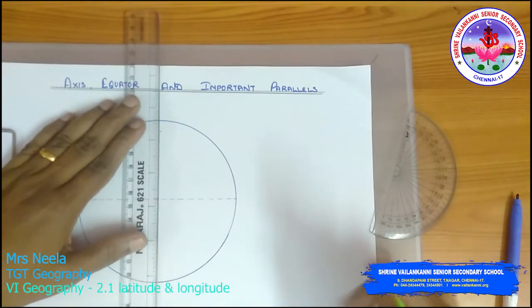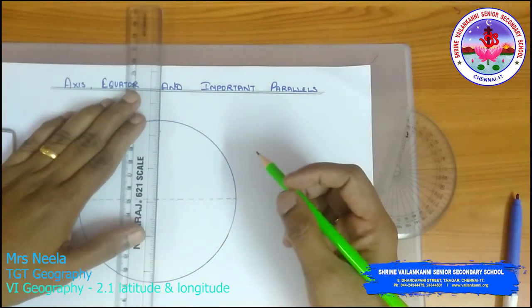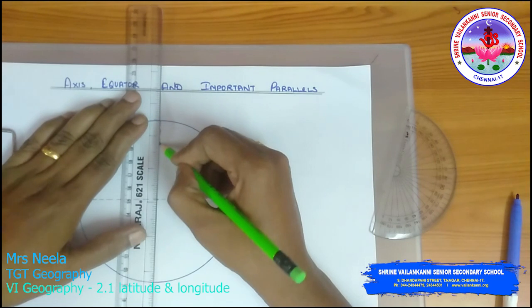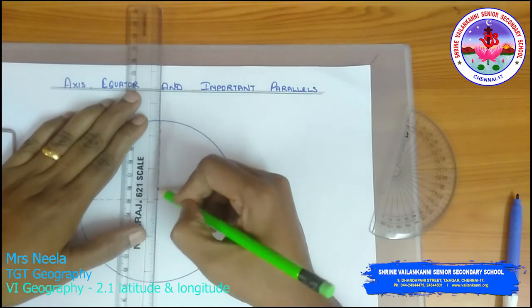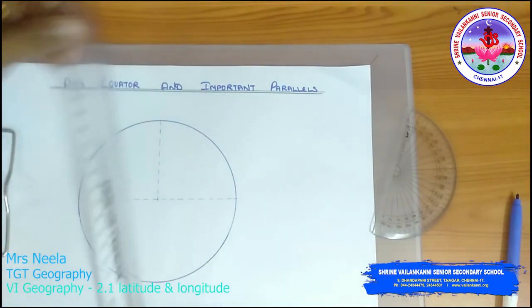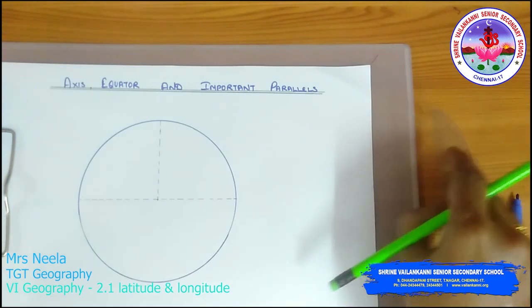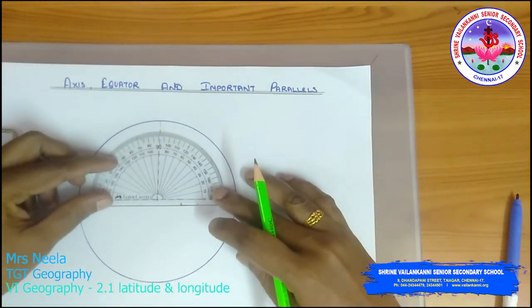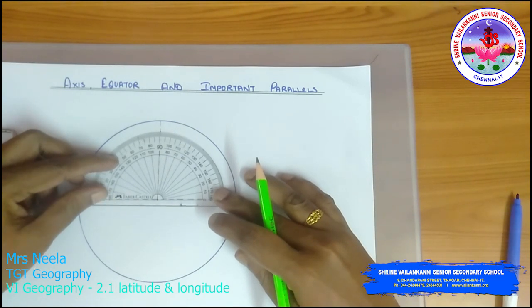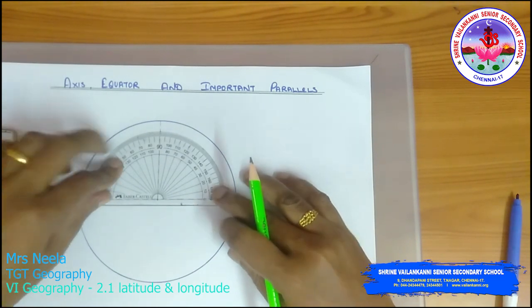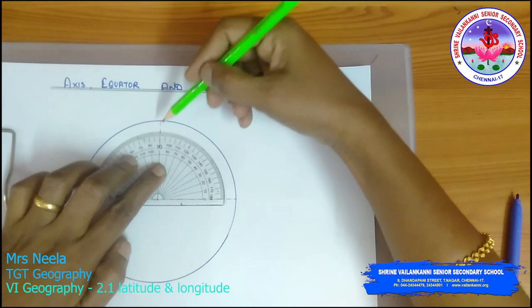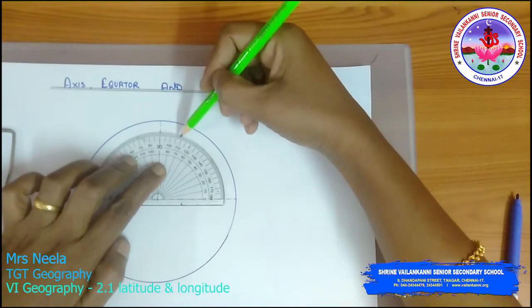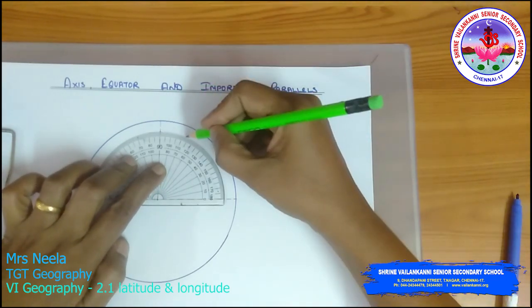And I am drawing one imaginary line that will guide me in plotting the other latitudes. After this, I am placing the protractor exactly on the 90 degree and on the baseline, and I am marking 23.5 degree.